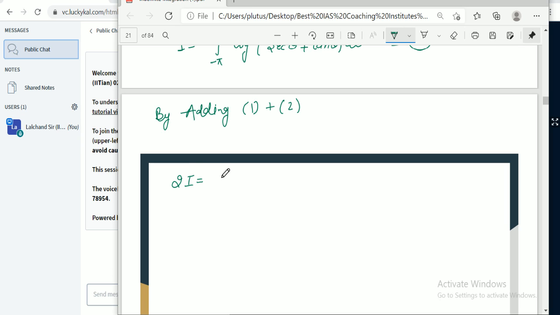twice I is equal to integral from minus pi to 3 pi of log of sec theta minus tan theta plus log of sec theta plus tan theta d theta.